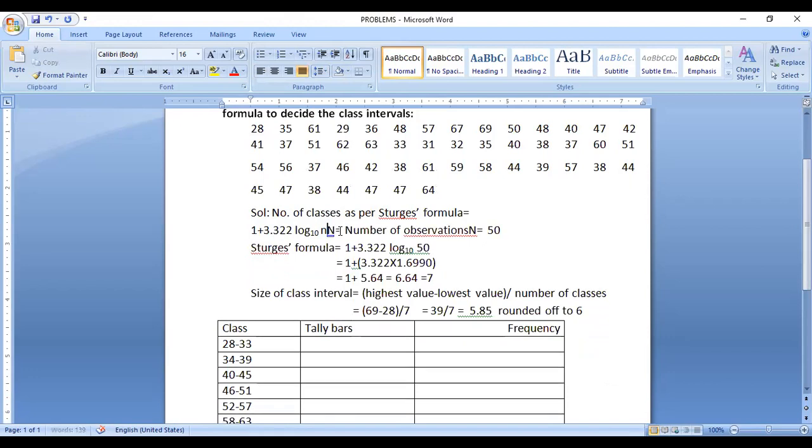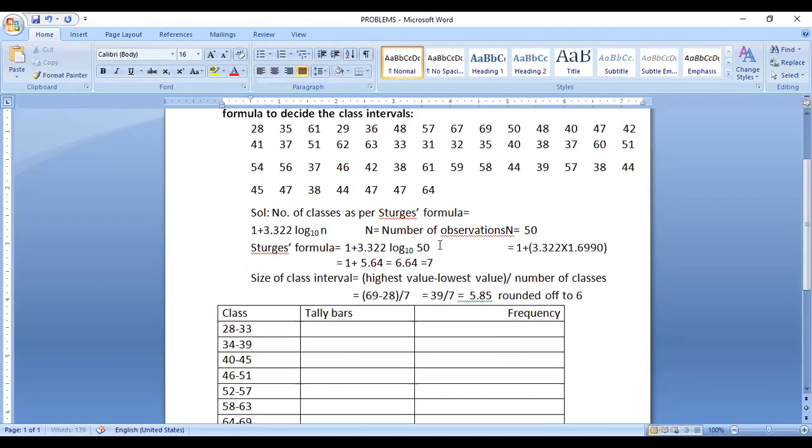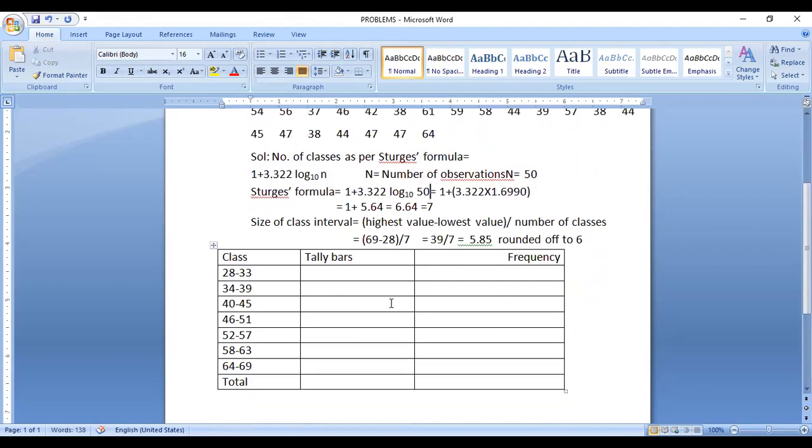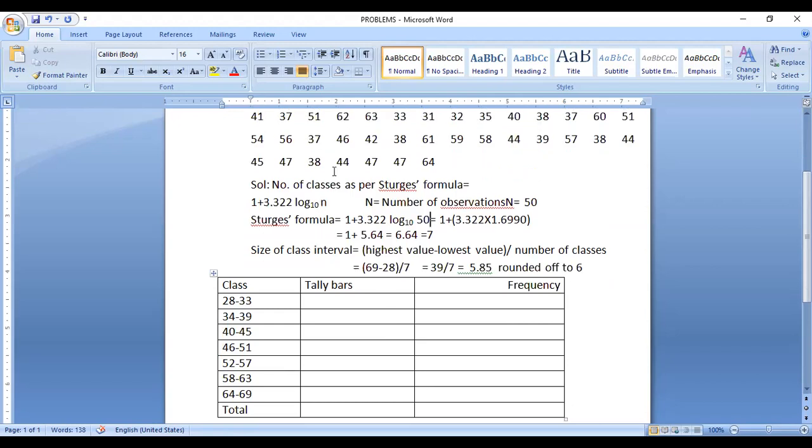For our convenience, I am doing it like this so that by looking at the numbers, we can easily insert the data into this table. For that purpose, I am doing all this work.